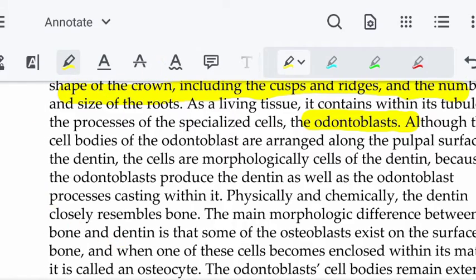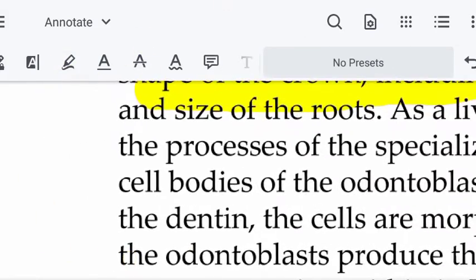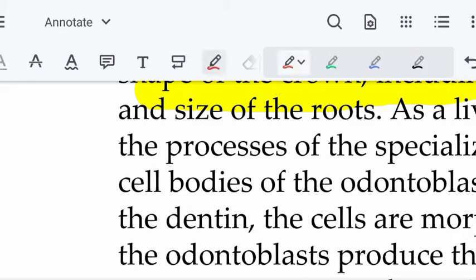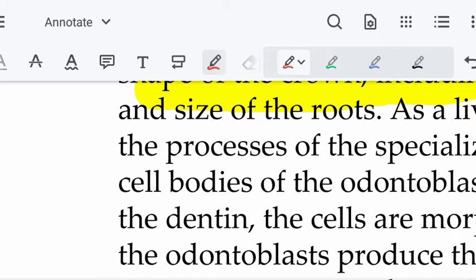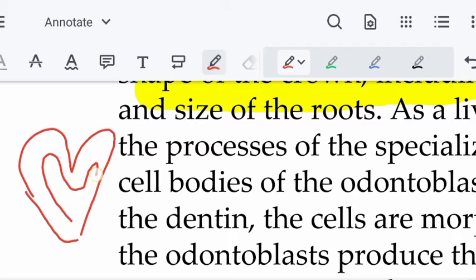Look at here. This is the tooth. Here is the pulp.